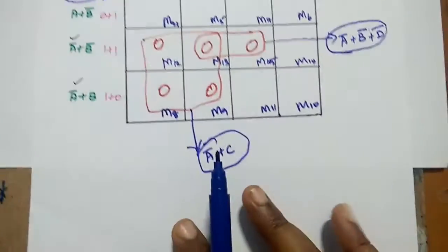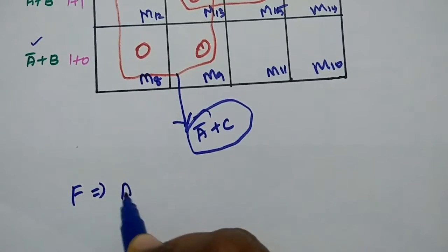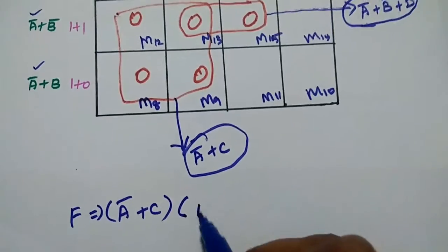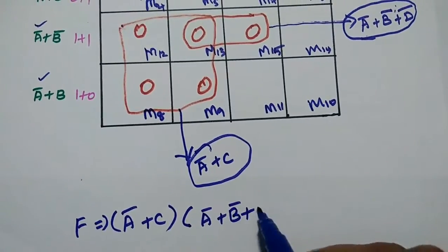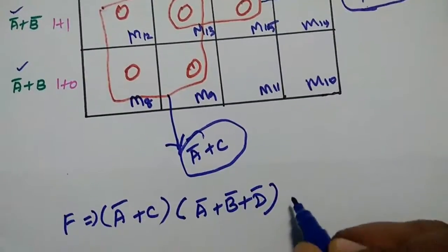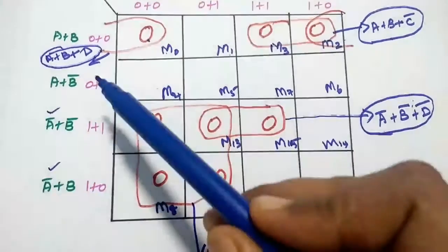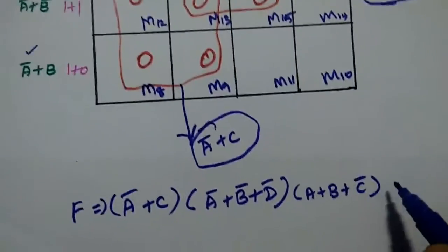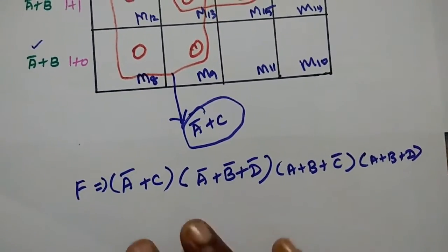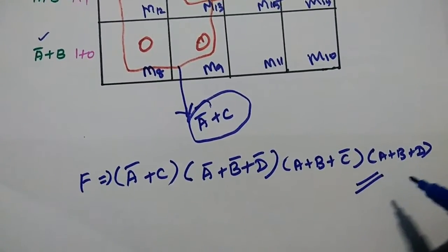Finally, we can write the simplified Boolean expression as f equals A bar plus C, multiplied with A bar plus B bar plus D bar, then A plus B plus C bar, that is the third one, and next A plus B plus D. So this is the answer, the simplified version of the given Boolean expression.